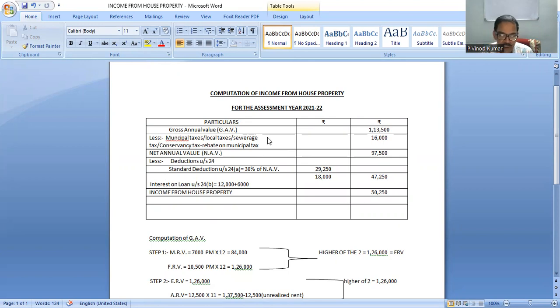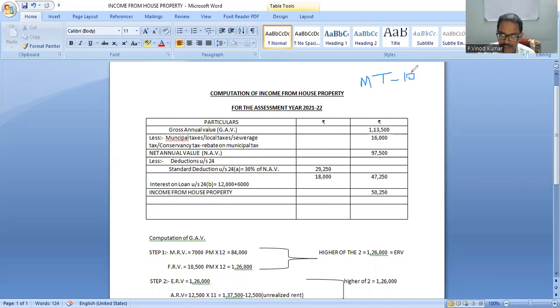Understood? Let us say, for example, suppose municipal taxes he has given, instead of amount, as 10%.